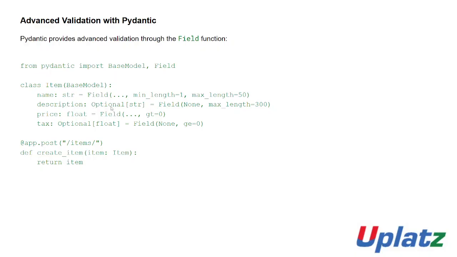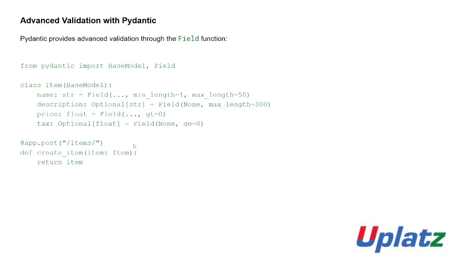And description, it is optional string, Field None, max length 300. Price is float, Field is required, and this must be greater than 0. It cannot be 0. Tax optional float, Field None, greater than or equal to 0. It can be equal to 0.